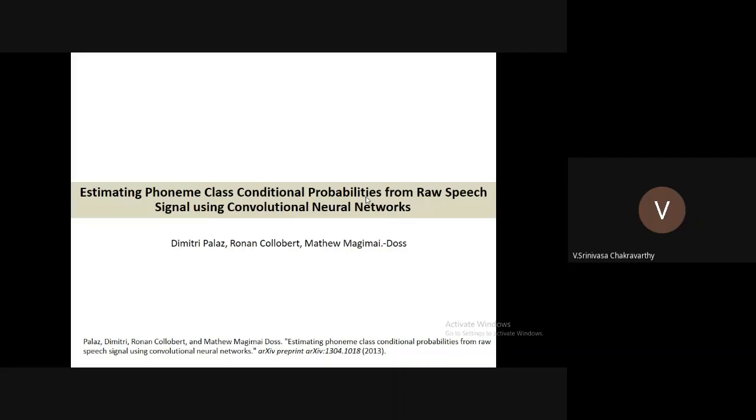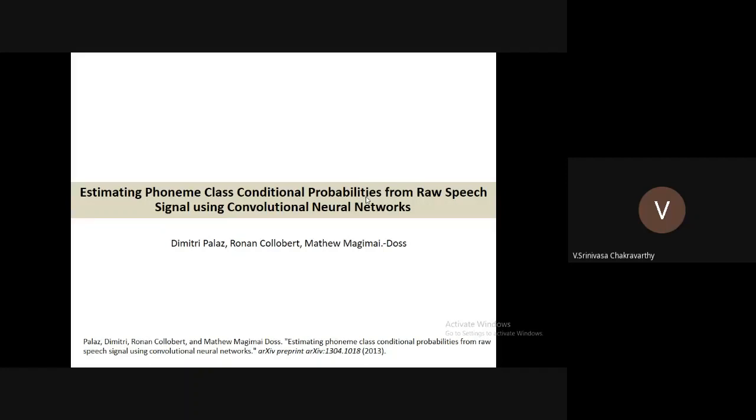So let us take this paper. This paper does phoneme classification. Phonemes are the smallest unit of speech, right? Let's say you have a sound like key. The sound key is a syllable made up of two phonemes, ka and e, right?